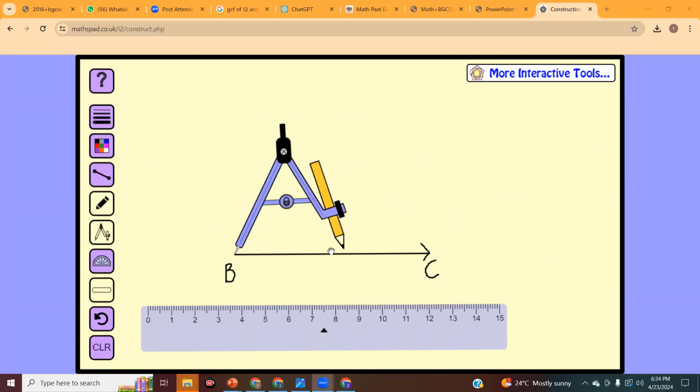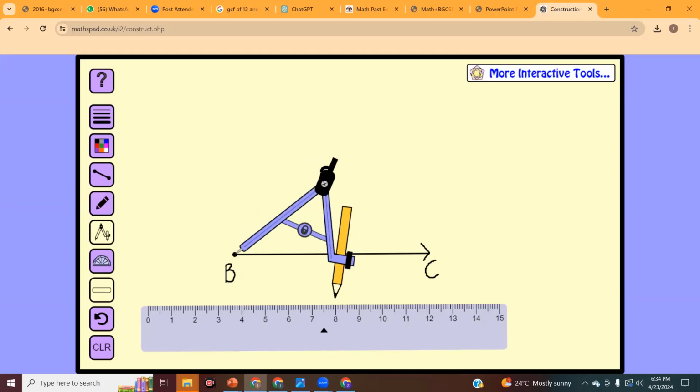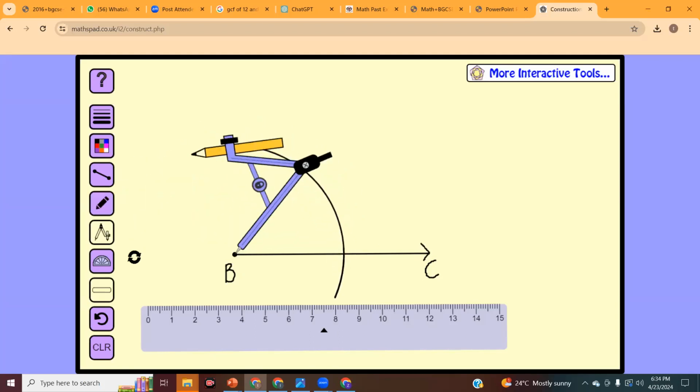We're gonna draw an arc, right? Yes or no? Hello? What are we gonna draw at point B? You're gonna put the point in the middle. So we're gonna put our tippy point at B and then we're gonna draw an arc, right? Yes, sir. Good. It's gonna be like this. We're gonna draw it like that.